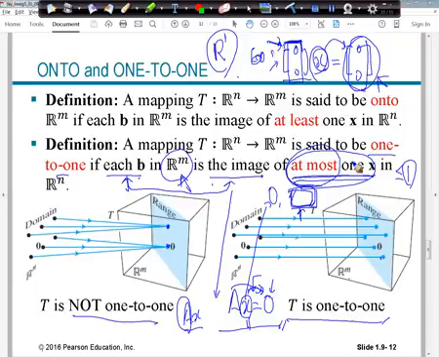And this free variable was also related to linearly dependent or linearly independent. In case we have a free variable, it is the same as the column vectors in A being linearly dependent. So linearly dependent is the same as having some free variables in our A. Then we also learned about the zero vector.